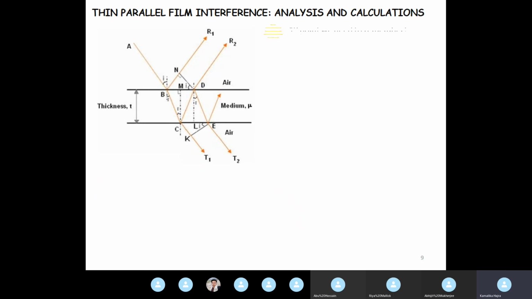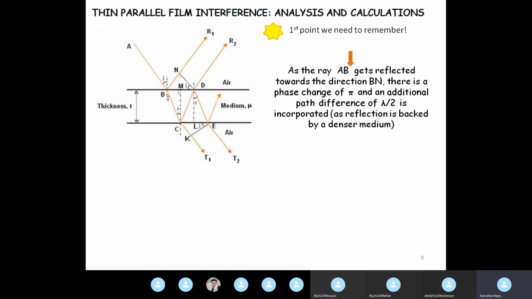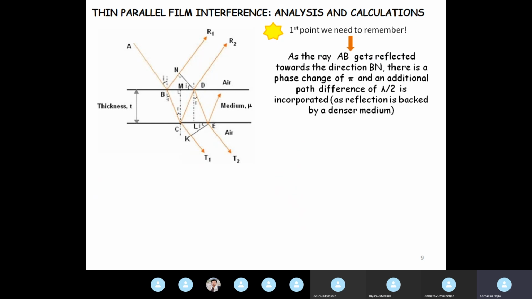Okay. Now we have to remember first and foremost, before beginning the algebra, that as the ray AB gets reflected in the direction of BN, there is a phase change of pi associated, and therefore there is an additional path difference of lambda by 2 incorporated. Why?